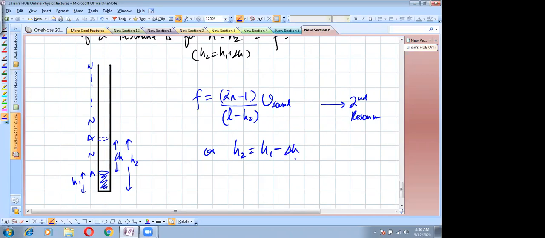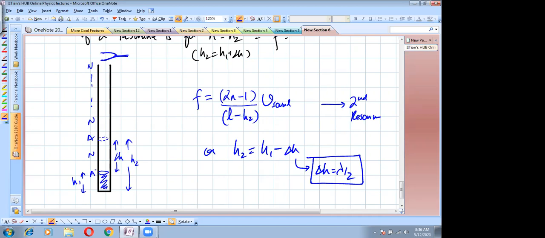Or in other words, H2 is equal to H1 minus delta H. Here delta H has to be equal to how much? It has to be the distance between antinode and antinode, so it has to be equal to lambda by 2. This is the most important thing to understand. If you're gradually increasing the level of water, you will not get resonance till the pattern over here matches the frequency of the tuning fork which you have used above.